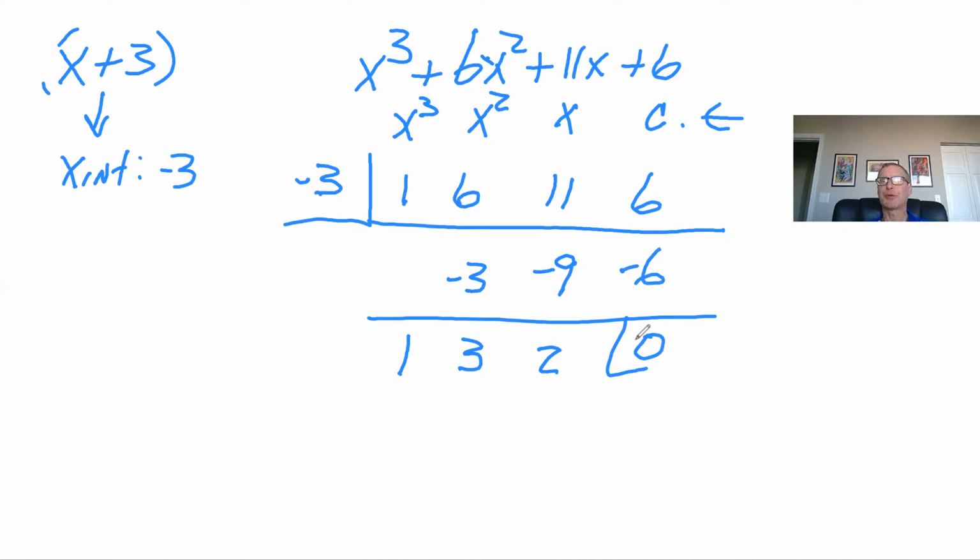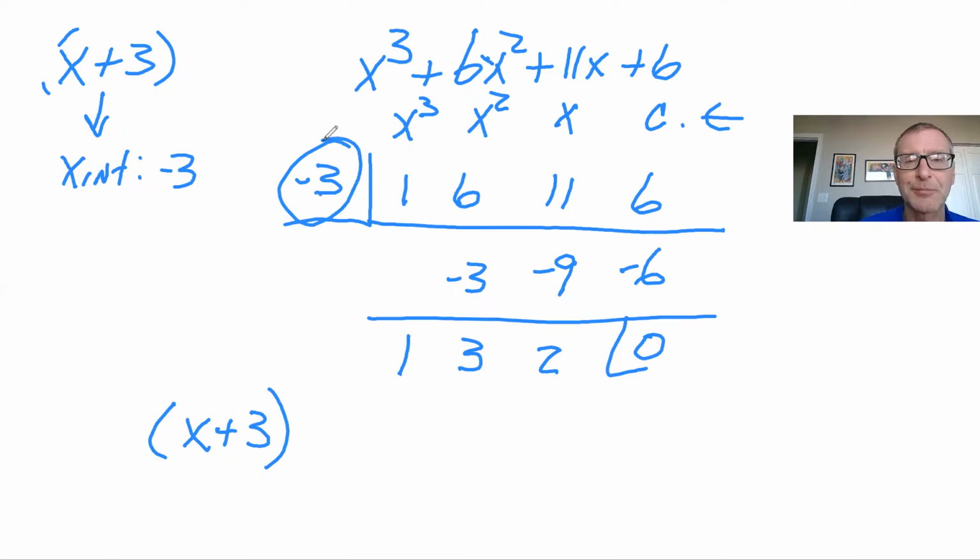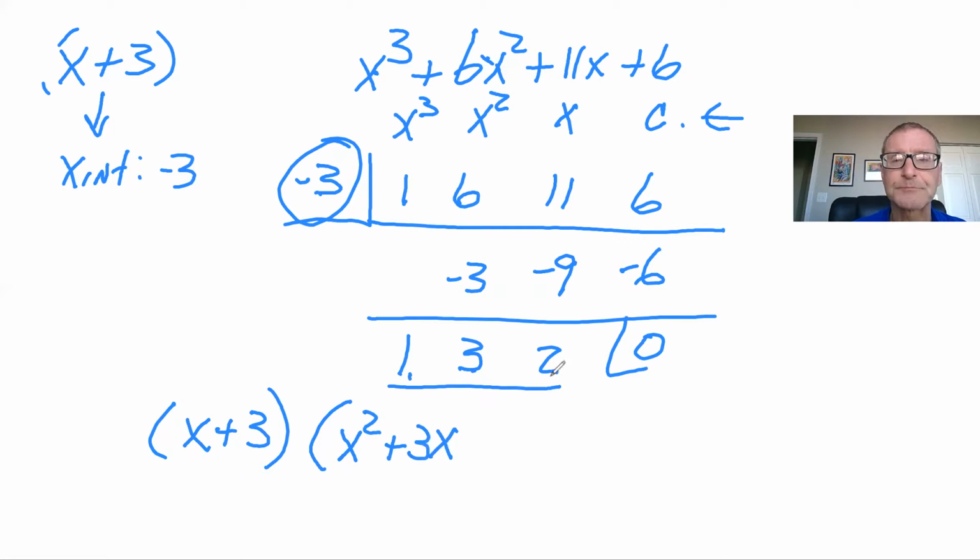And the good news is we got a remainder of 0. So the factor that we have is x plus 3, because the zero is minus 3. How do we write the equation? If you start with the cubed, this is the coefficient of x squared, so it's 1 less than the degree of the polynomial you started with. This would be x squared, this would be the x term, 3x, and that would be the constant term, which would be plus 2.